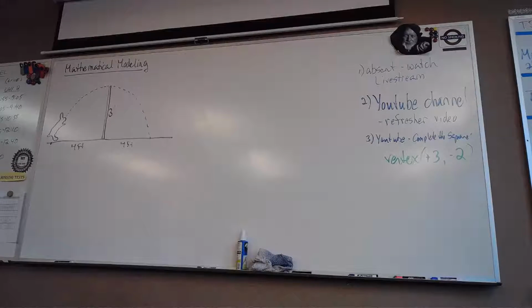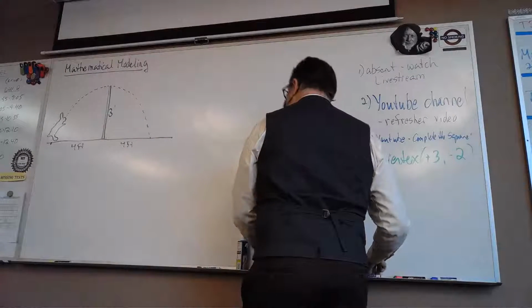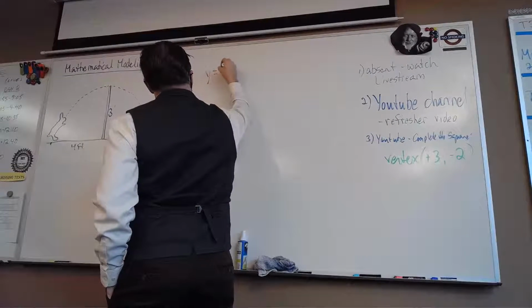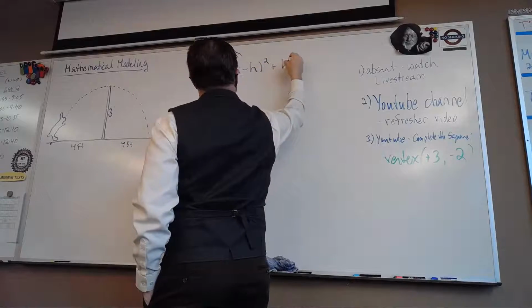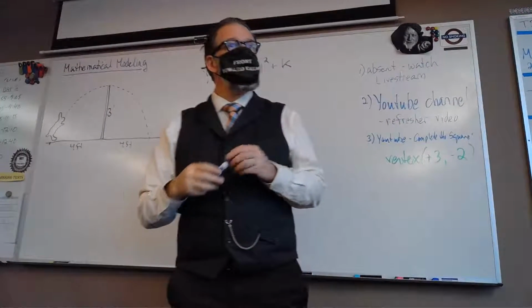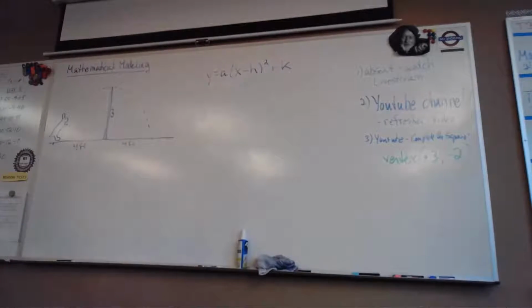So the question that we have here is, can we write an equation y equals a parentheses x minus h squared plus k that would represent that parabola? So here's the first question I have for you.